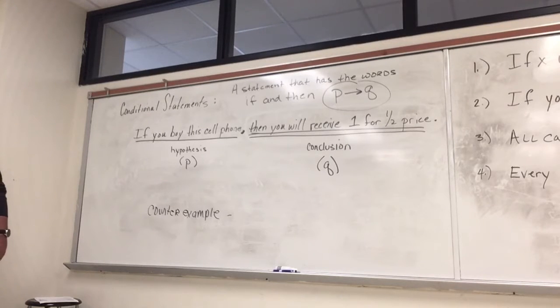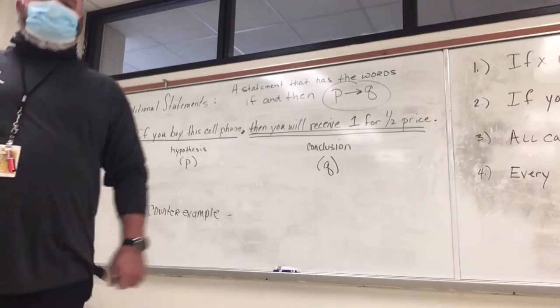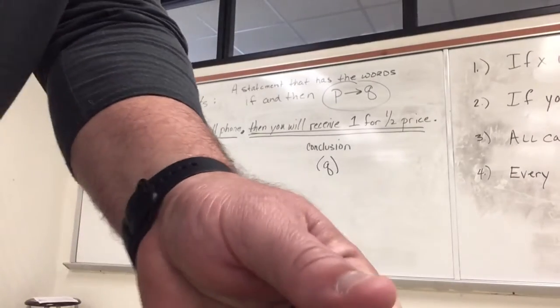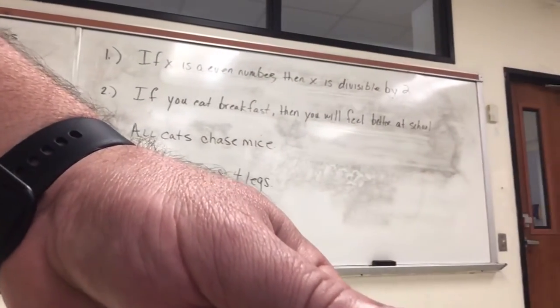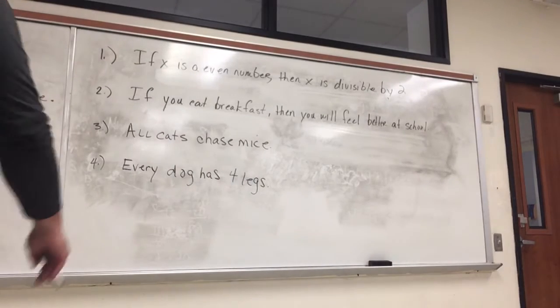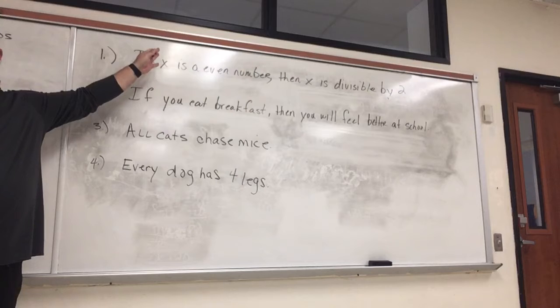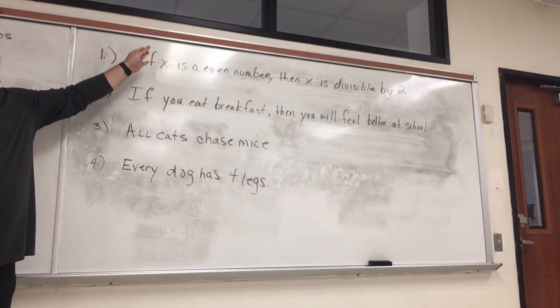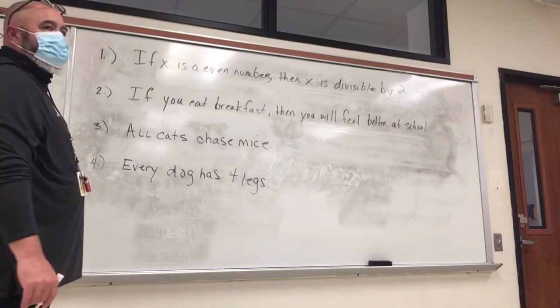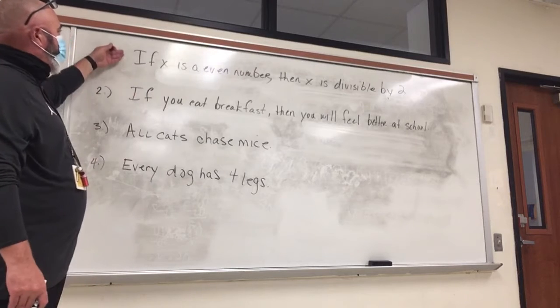Everybody understand that? All right, let's go over here to these sentences over here. We're going to identify what the hypothesis is, and we're going to identify what the conclusion is. So, we're going to underline the hypothesis in this sentence.